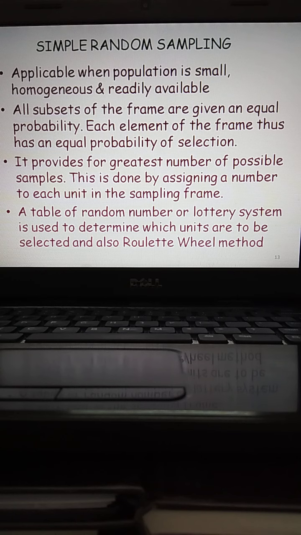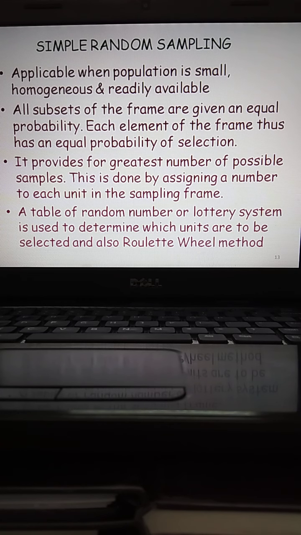There is no guarantee that the same number is going to be repeated every time. In such a way, based upon the size of the sample, you rotate the wheel and pick up the numbers which match the population units. In such a way also you can pick the random sample.